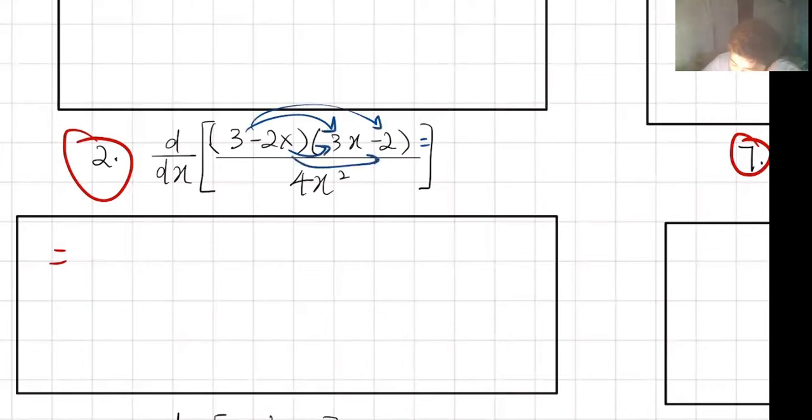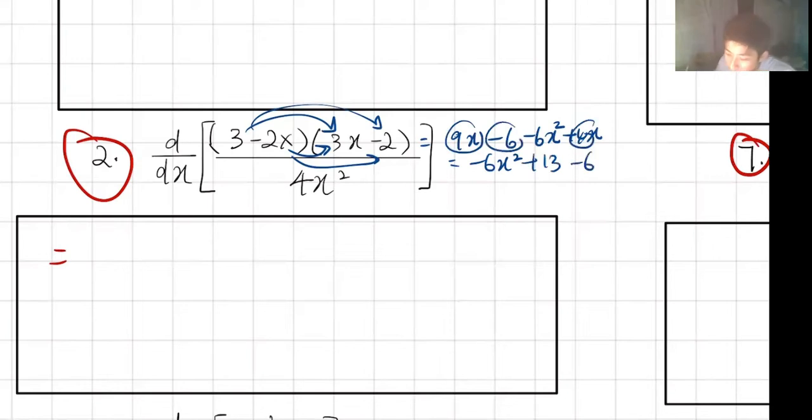What I'll get first is 9x, correct? Then minus 6, then after that minus 6x squared plus 4x. So what I'll get on top is minus 6x squared, 9x plus 4x gives 13x, then minus 6.